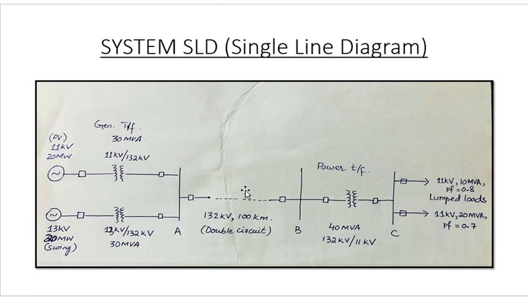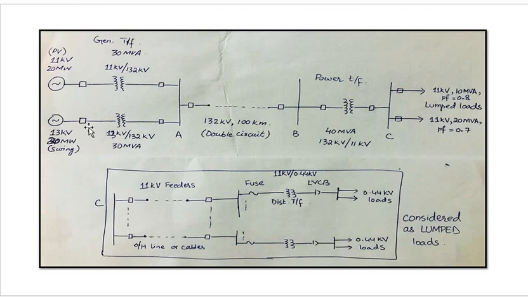And then we have a double circuit transmission line comprising of 100 kilometer length. And then we have a power transformer that is again stepping down this 132 kV voltage into 11 kV. And then we have the distribution feeders. We have considered the lump load here. To be specific, these are not lump loads. This is shown in figure C. As you can see here, this is the portion.